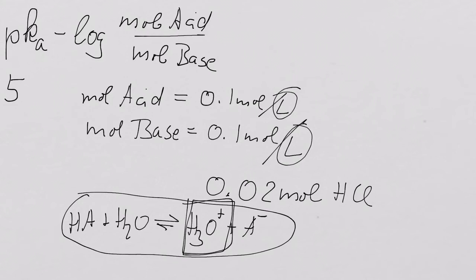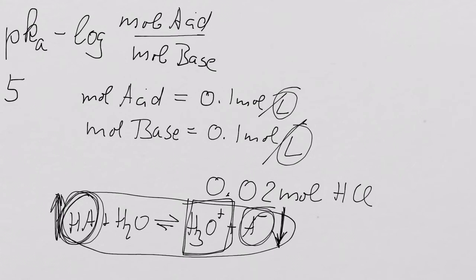What will happen? Which direction will this equilibrium move? It goes back to the left. So we get more HA. And what happens to the A minus? It decreases. A minus decreases and HA increases.